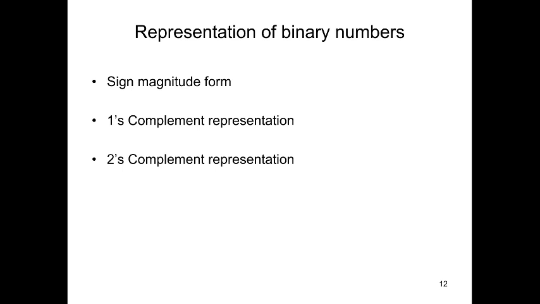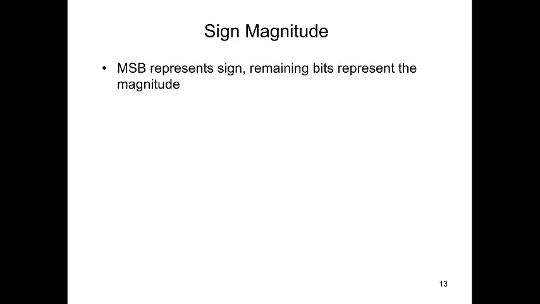Is that fine? So sign magnitude form, see here we have MSB represents sign, remaining bits represent magnitude. I mean what that digit is, that is what that number is. When 0, it represents a positive value.